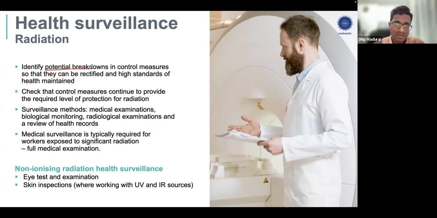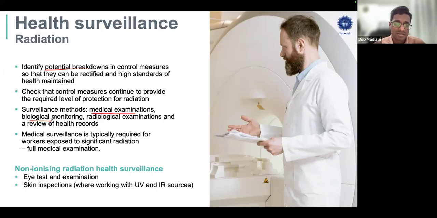Okay, so the surveillance will include medical examinations, a physical skin check, and other diagnosis, and then biological monitoring. For instance, a blood test or urine test to check for biological contaminants inside your body, and then radiological examinations for a deeper diagnosis, and the review of your health records, which shows the history of your health assessment.